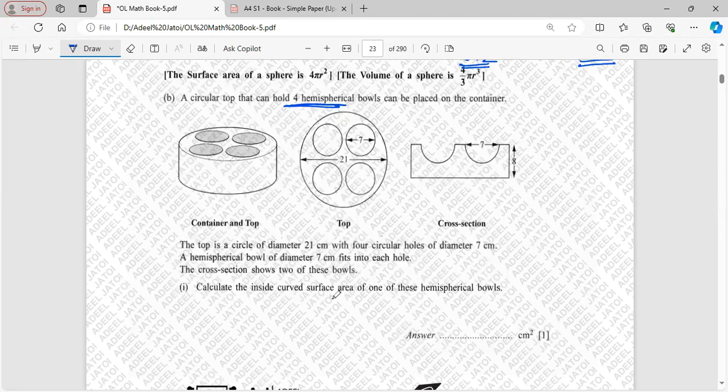That means on the top. So this is your container and the top. This becomes the cross section of the normal base. Now this is your height, and in this we can find that there are two spheres on one side.